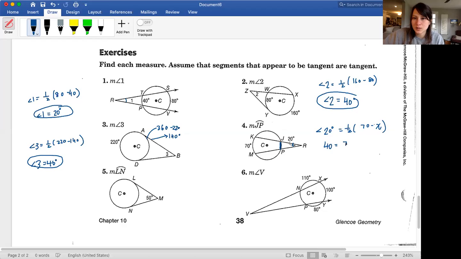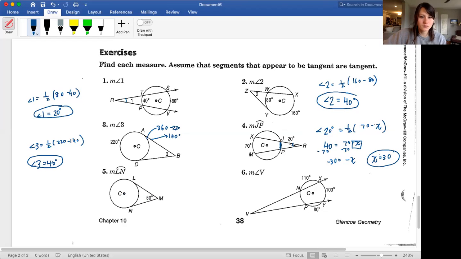So I have 40 equals 70 minus X. Then I'm going to subtract 70 on both sides. Now I've got a negative, but be careful because here I have a negative X. So divide by -1 on both sides, X equals 30. And arc JP equals 30 degrees.